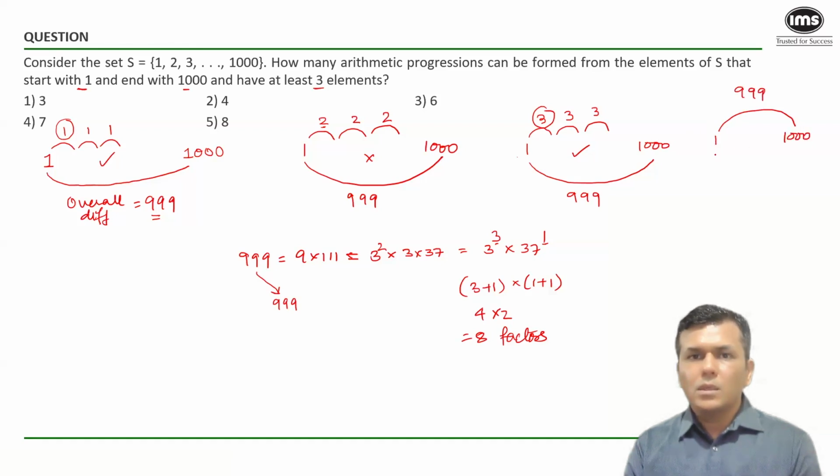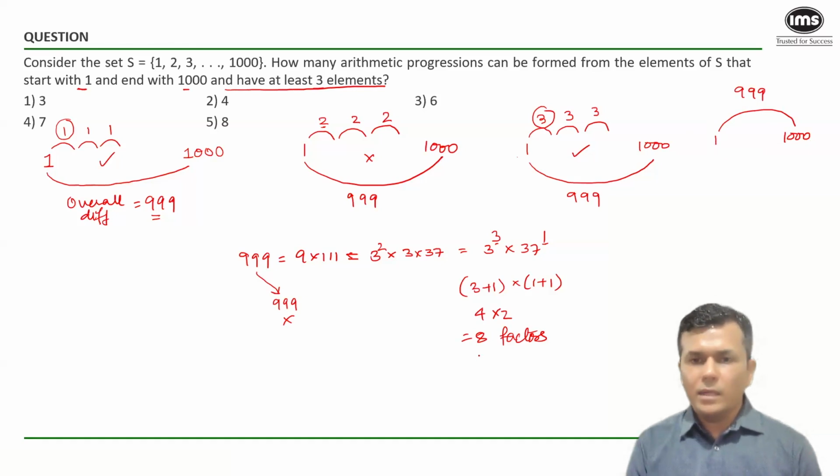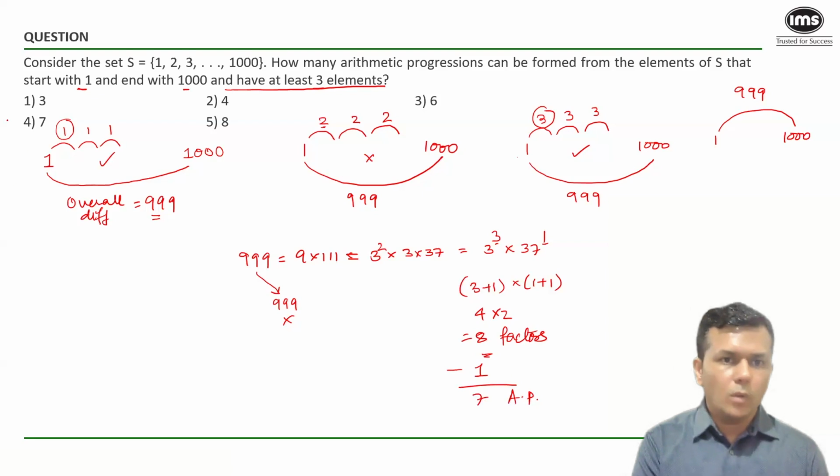In this case, you only have 2 terms in the AP, and the question says that it should have at least 3 elements, right? So keeping this condition in mind, one of the factors, which is 999, should be discarded. You cannot have a common difference of 999. All the remaining factors can be possible as a common difference. So the final answer has to be 8 minus 1, which is a total of 7 different APs that can be formed, which is option number 4.